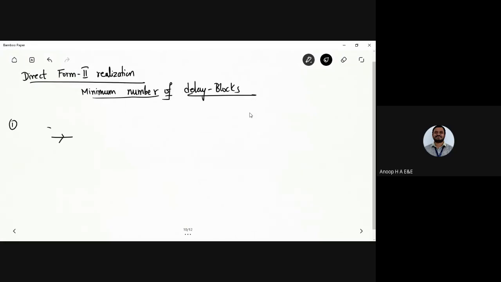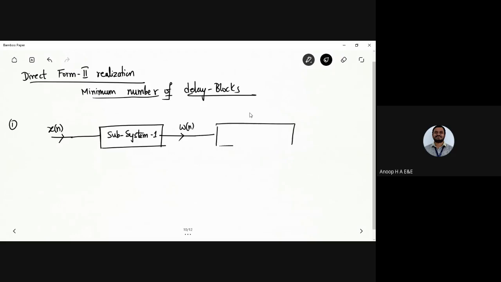You have x of n being the input, and the next one is subsystem 1. Next you have an intermediate output as w of n. Then this one is subsystem 2, and this is y of n.